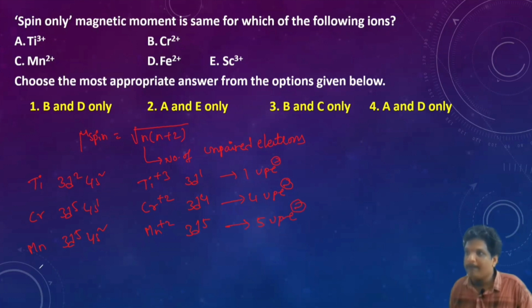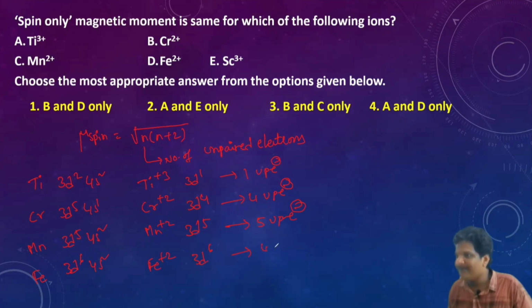Iron is 3d6 4s2, so in iron +2 we have 3d6, which has 4 unpaired electrons. Here we have 6 electrons in the d orbitals: 5 electrons fill each orbital singly and the 6th electron pairs in one orbital. That orbital contains 2 electrons, and the remaining 4 are unpaired.